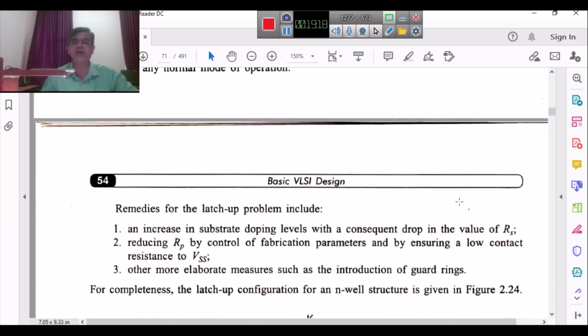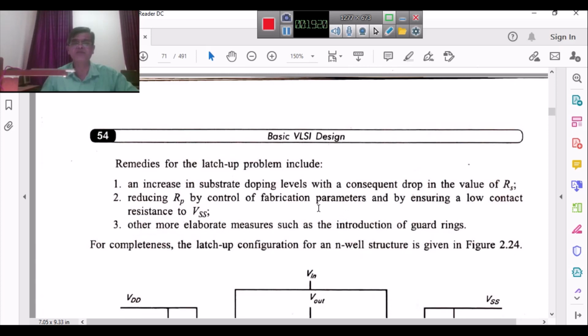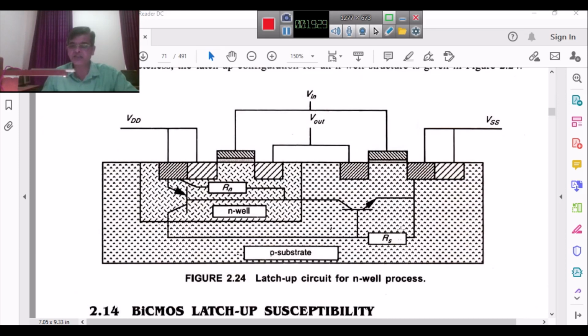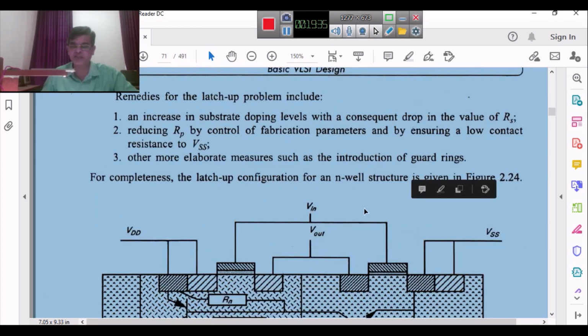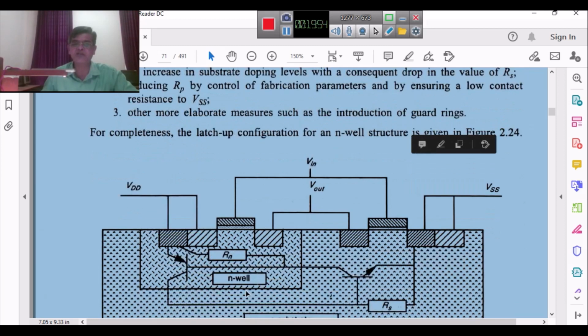But what is the solution for latchup? Two or three remedies are mentioned here. One is the substrate doping level. If I increase the doping concentration, there are more carriers, which means less resistance, so Rs drops. Similarly, if I increase the well doping concentration, obviously your Rn will reduce.